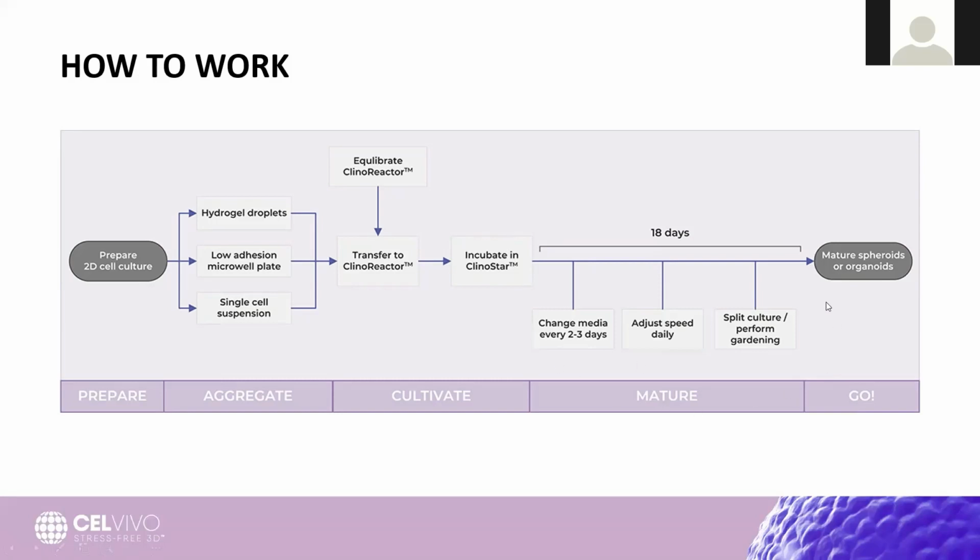And during these 18 days, you exchange media every 2 to 3 days like you normally would. And obviously, as the cells grow, you need to adjust the speed to counterbalance this gravity so they are still in a static orbit. And then you also split your culture. And if any cells are conglomerated together, you remove the conglomerates in a process we refer to as gardening.